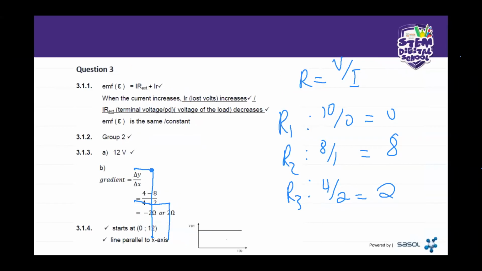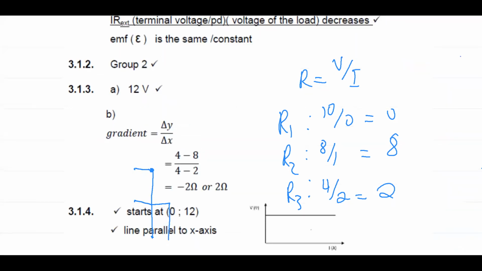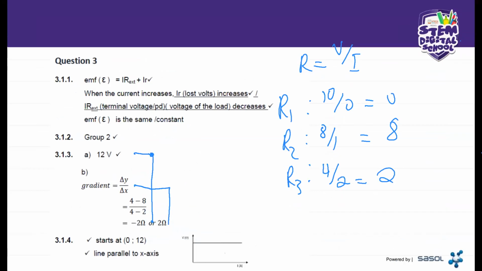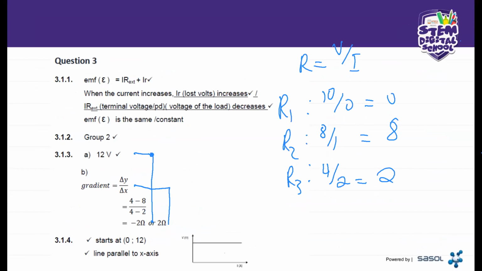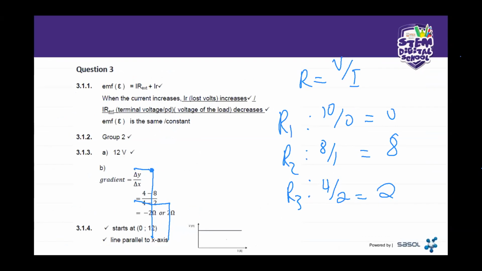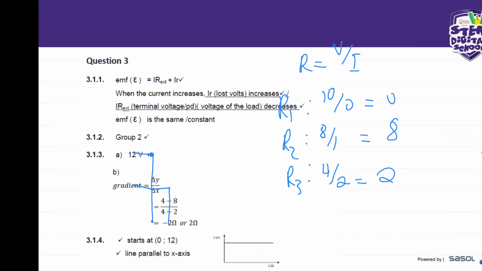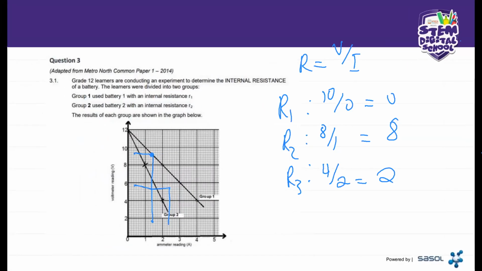So how do they do it here? You see the gradient, change in Y over change in X. So 4 minus 8 and 4 minus 2. Let's go back to the graph. You have 4 there.